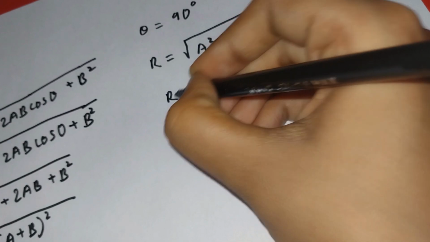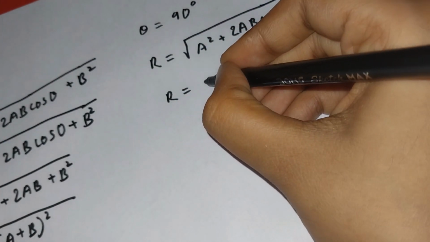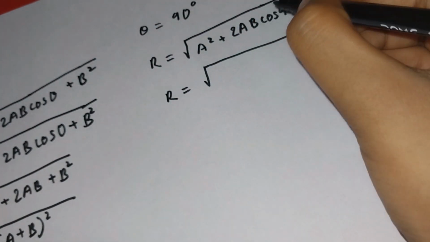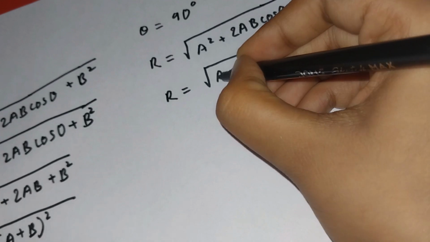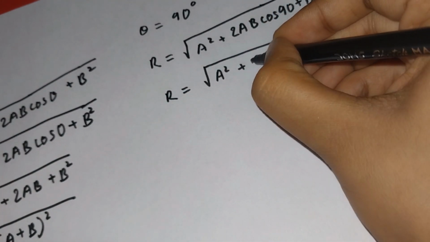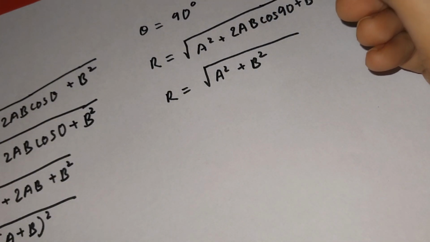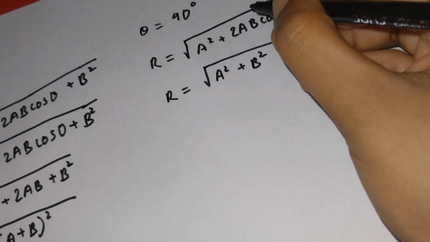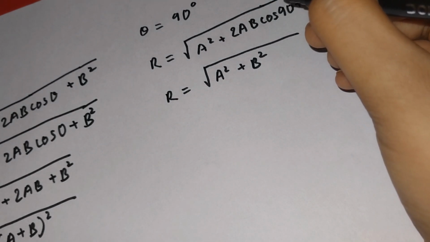What is cos 90? Cos 90 is 0. So this one will become under root a square plus b square. So this is when the angle theta is 90 degree.